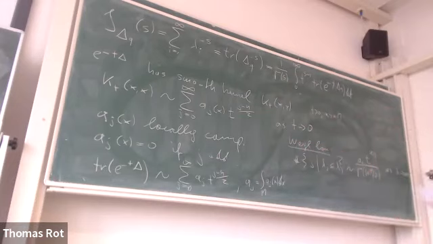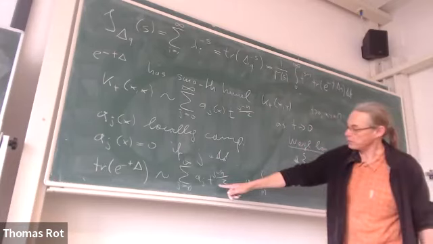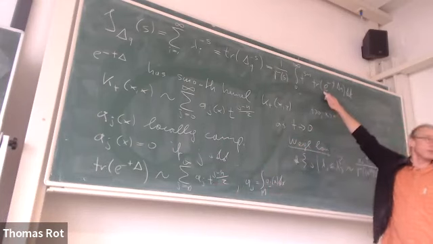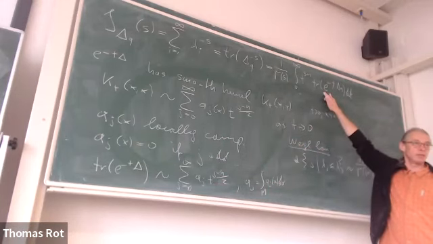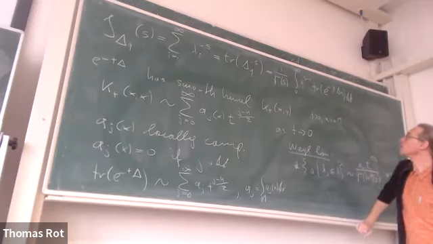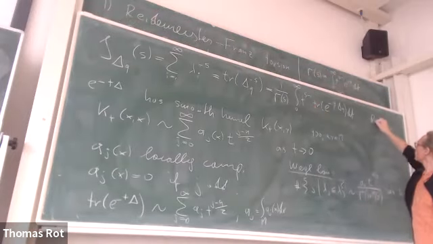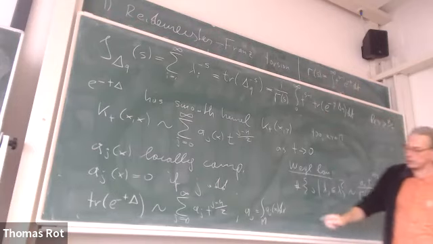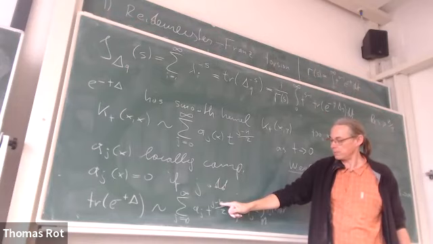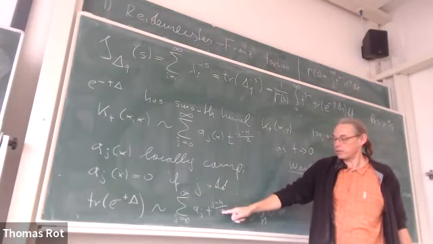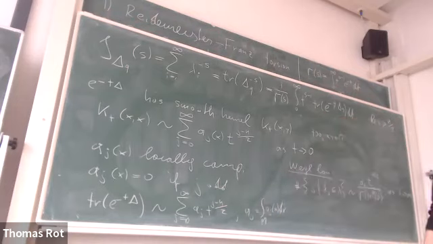And if you have this asymptotic expansion for the heat trace, this integral here will converge as soon as the real part of s is larger than n over 2. Because then n over 2 is the most singular power of t we have in this expansion as t goes to 0.